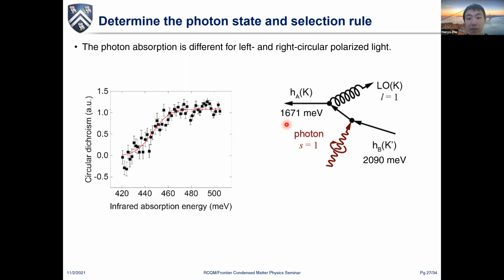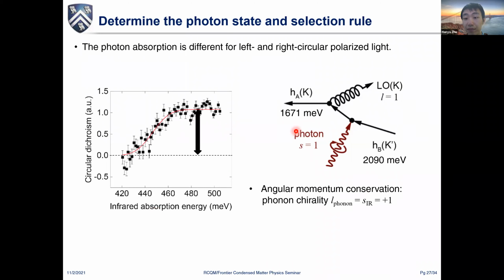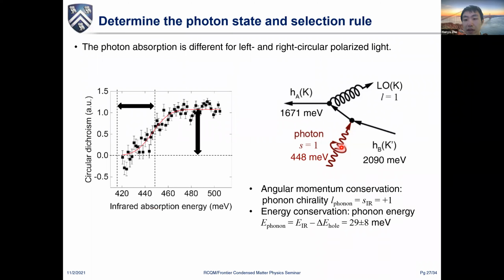So adding the energy together, we can identify what is the excess energy released to the scattering phonon, and also adding the angular momentum together, we know how much angular momentum has been carried away by these phonons.